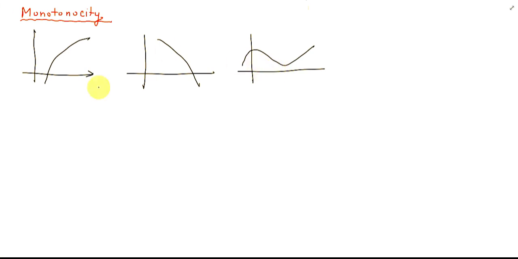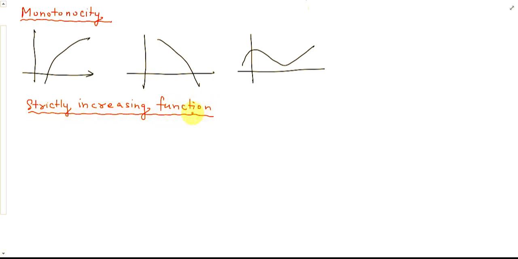Now let's see different types of monotonic function. First is strictly increasing function. Let us consider this graph.